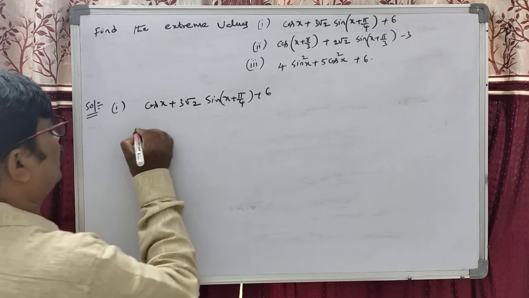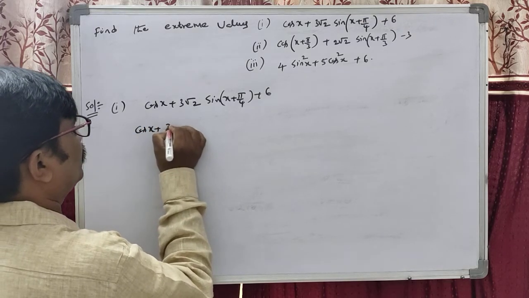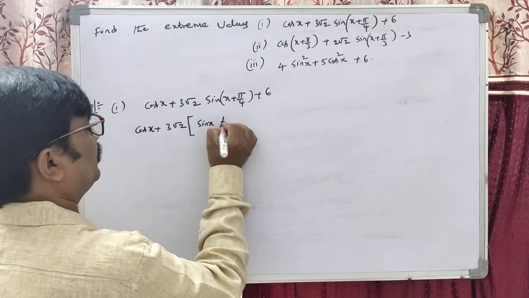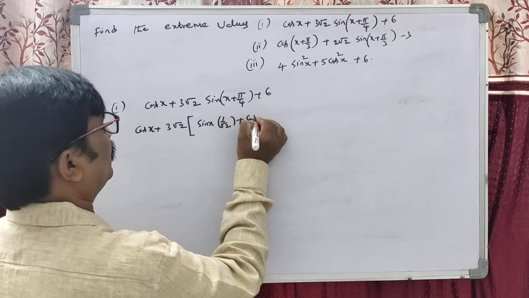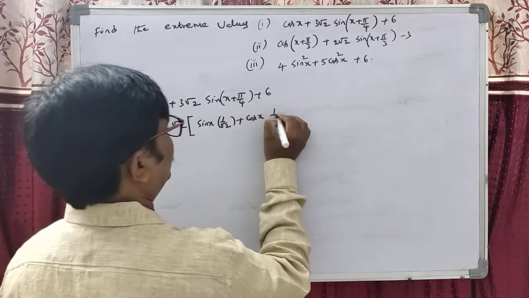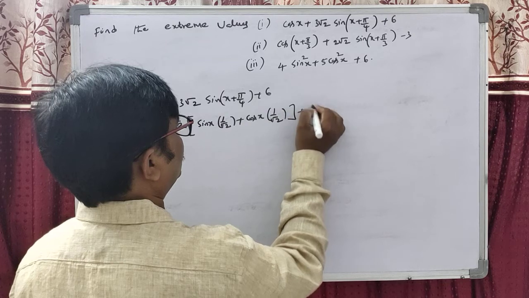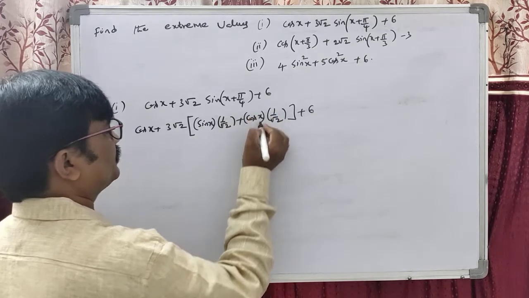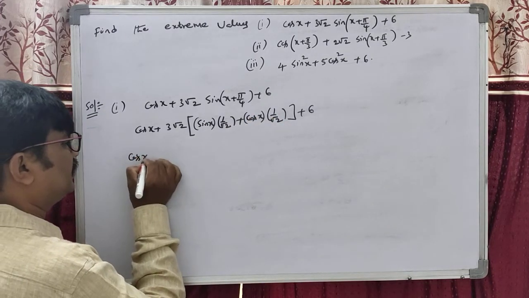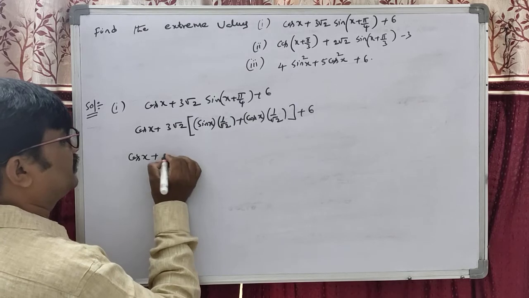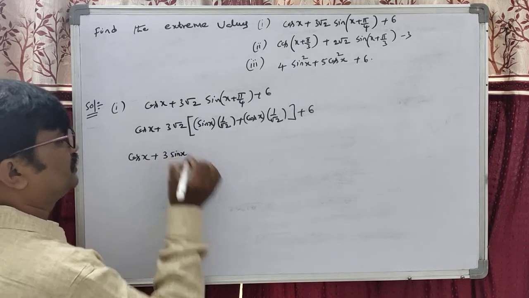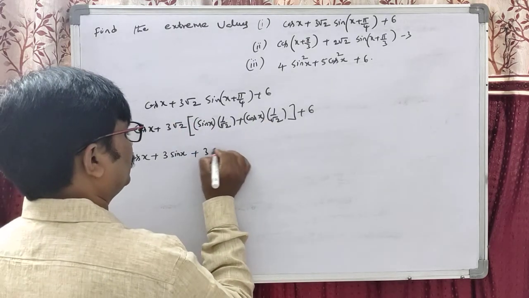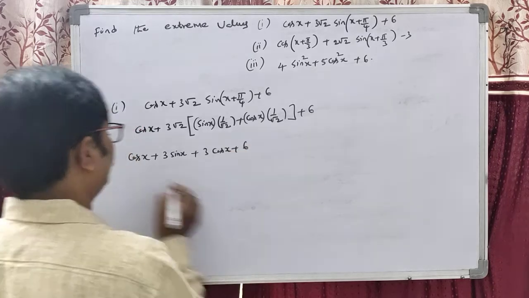Now this is cos x + 3√2 sin x cos 45 (1/√2) + cos x sin 45 (1/√2) + 6. The √2 cancels, giving 3 sin x, and also the √2 cancels, giving 3 cos x plus c.